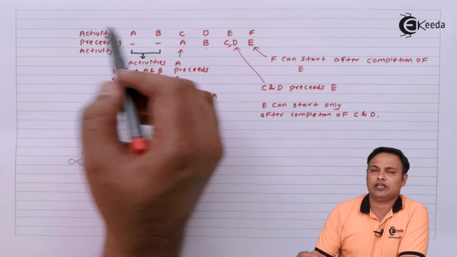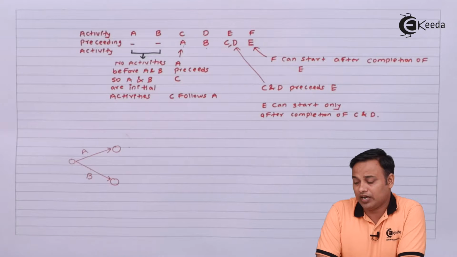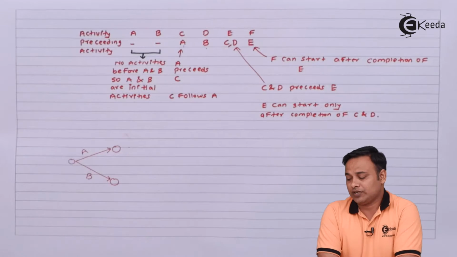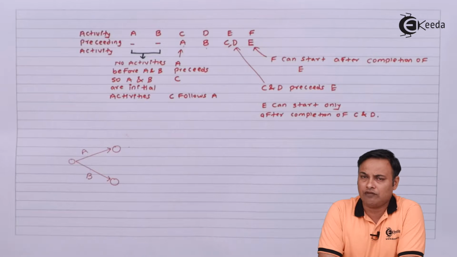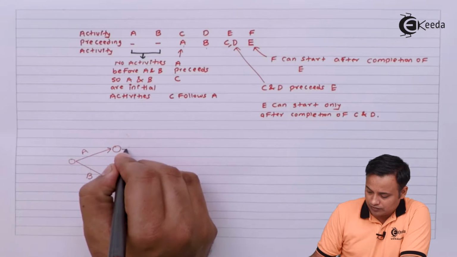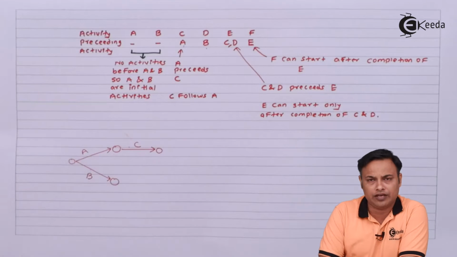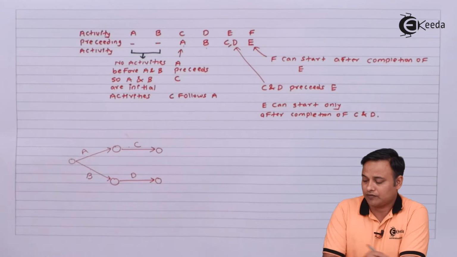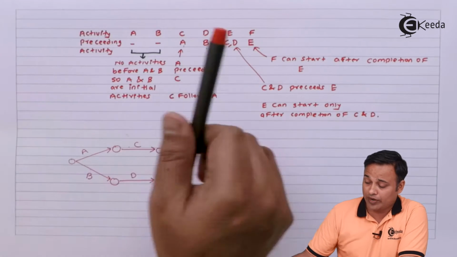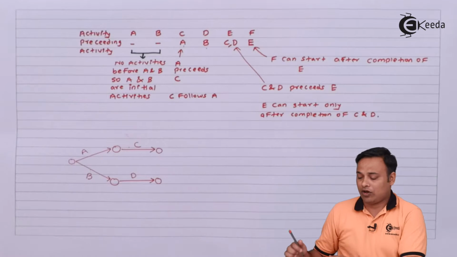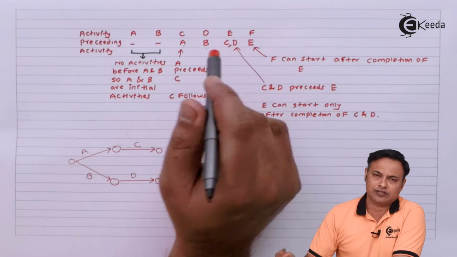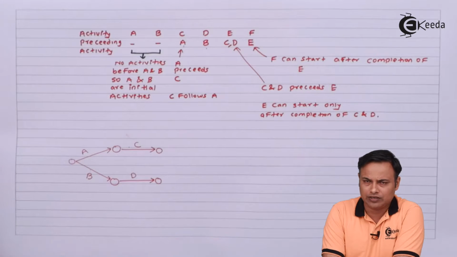Now A precedes C, which means I can start with C only after completion of A. At the same time, B precedes D, which means I can start with D only after completion of B. So let us say I start with C after completion of A, and I start with D after completion of B. Now I need to join C and D. We have already drawn C and D separately, but we need to join them, and this is where you need to follow the trial and error method and work out the whole diagram in a rough format with a pencil.